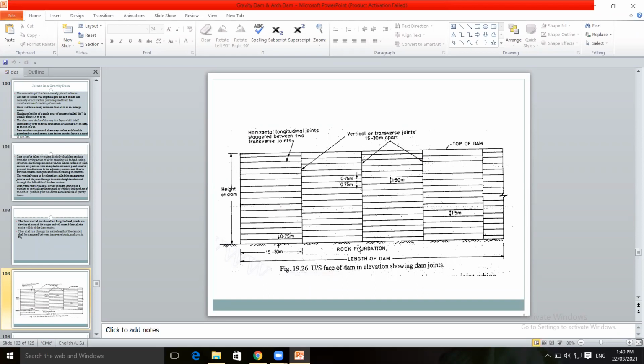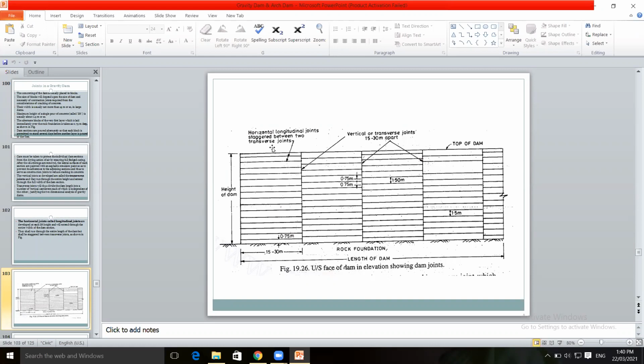Rock foundation is provided at the base. The foundation of the dam is rock foundation. The top of the dam. Total height of the dam may be 100 meter, 200 meter. Along the length of the dam, these joints are provided in stages.